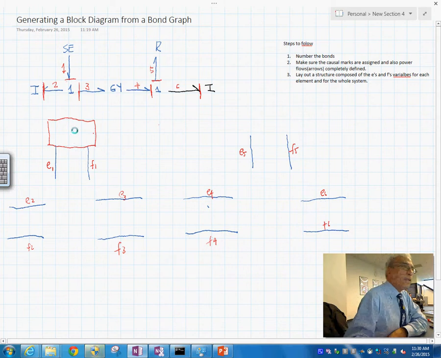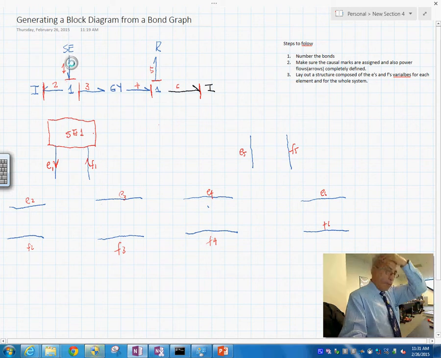So this is our SE1, where out of the SE1 you have this effort coming out, but you have the flow going in. We know that because of this, see? The effort is the output variable, and the source and the voltage is what the system communicates with.